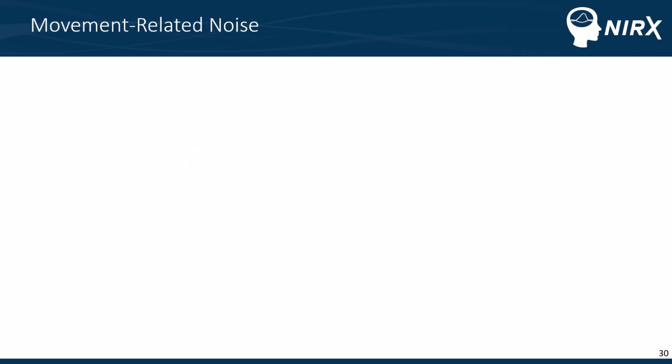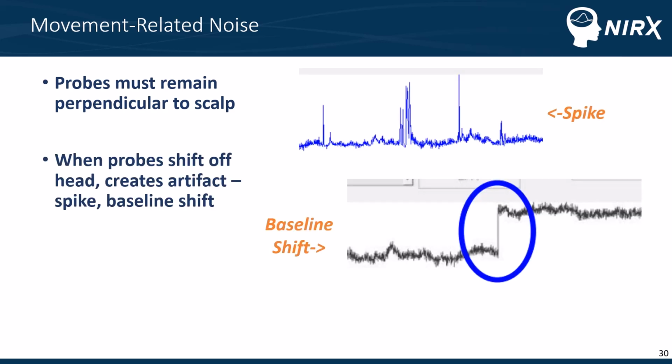Okay, movement-related noise. With fNIRS experiments, you can move, but under the stipulation that the probes remain perpendicular to the scalp and that they move the same amount that the subject moves. When probes shift off the head, it creates a spike or a baseline shift as a reflection of the motion artifact.